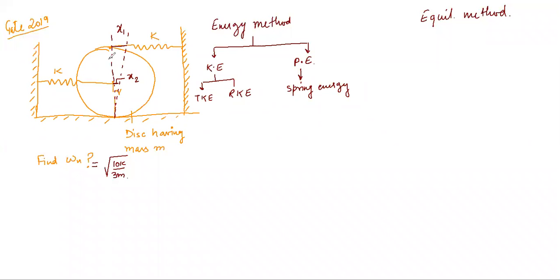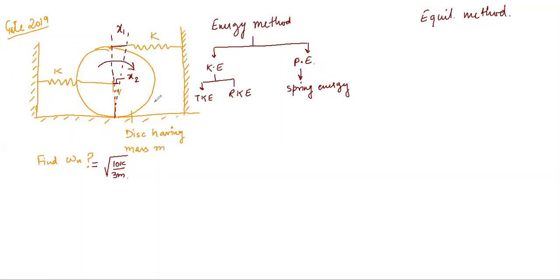When there is a slightly clockwise displacement, the lower spring has a displacement of x2 and the upper spring has a displacement of x1. This is the stretch or compression of the spring. x1 is the compression and x2 is the stretch of the lower spring.